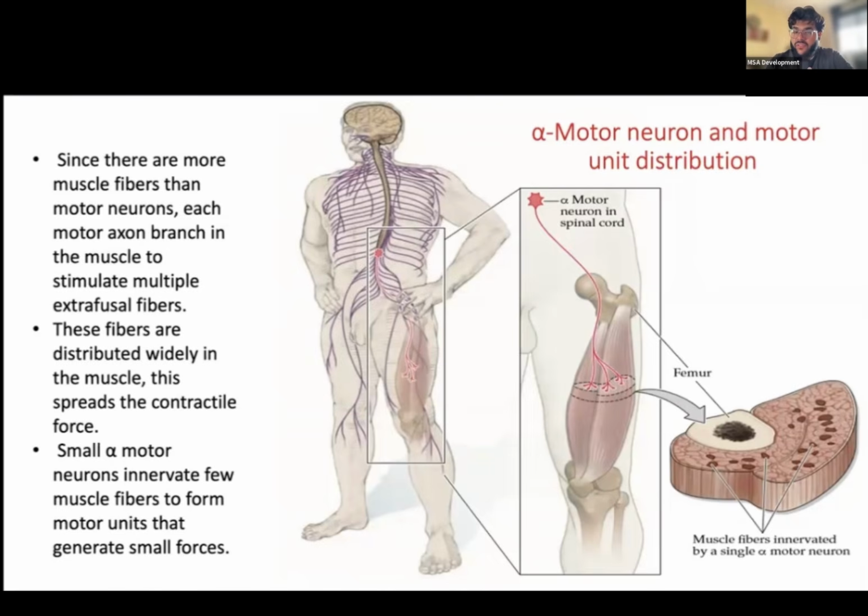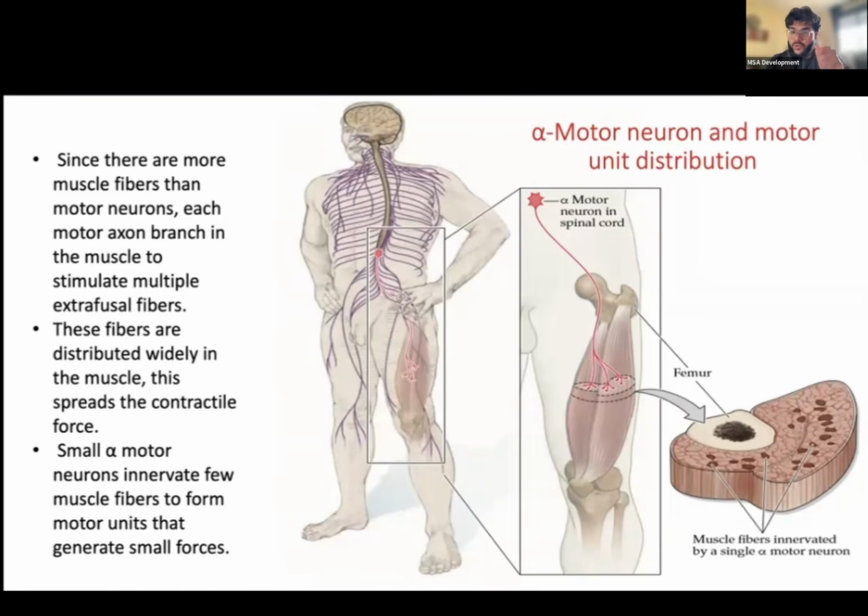These muscle fibers are scattered widely across the muscle rather than clustered together. Basically, this means that the contractile force will be spread across the muscle evenly, and will not be concentrated on a single part of the tissue.